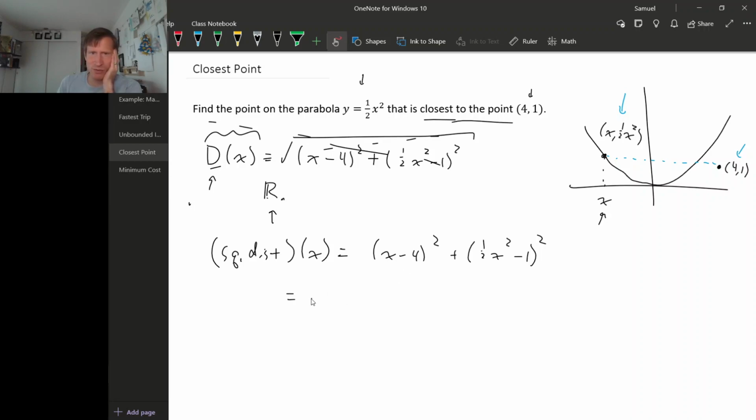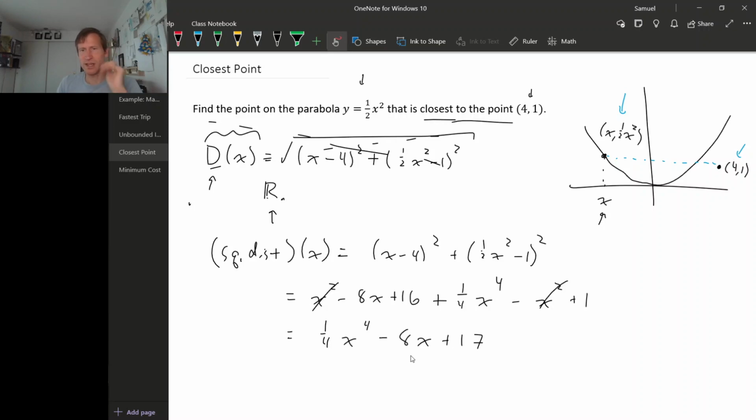So when we multiply this out, we're going to get x squared minus 8x plus 16, plus, and then multiplying this out, we get 1/4 x to the 4th minus x squared plus 1. Look, the x squareds cancel. That's kind of nice. So 1/4 x to the 4th minus 8x plus 17 altogether. All right, and that's our square distance function. I'll call it SD for square distance.